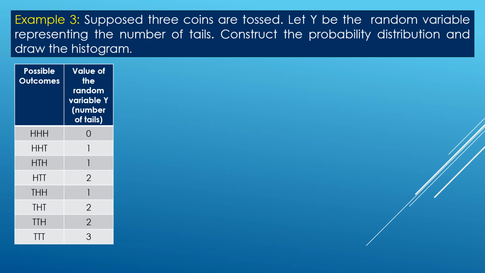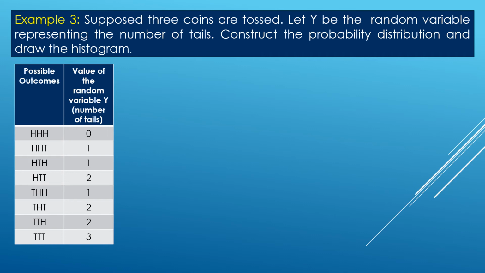For our first possible outcome, we have 3 heads. There is no tail, so this is 0. We have head, head, tail. There is 1 tail, so this is 1. Next outcome, head, tail, head. The number of tails is 1, so we have here 1. Next outcome, we have head, tail, tail. We have 2 tails, so the random variable is 2.